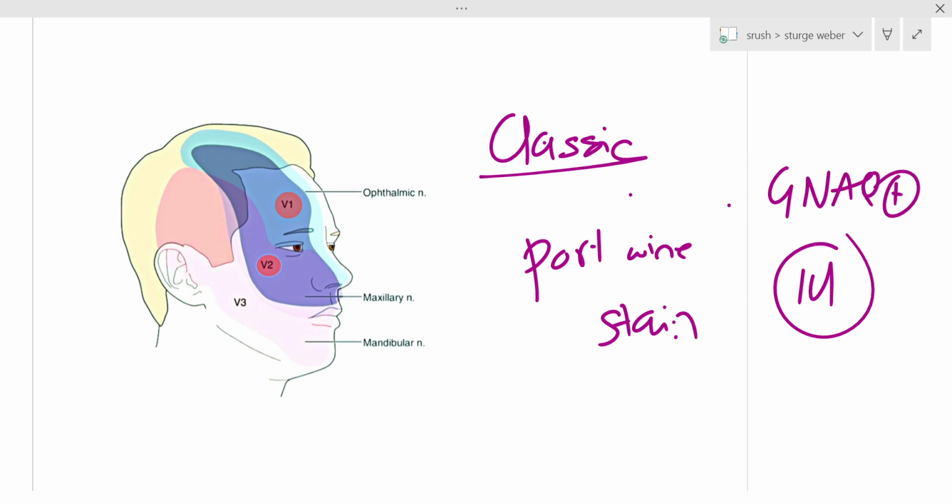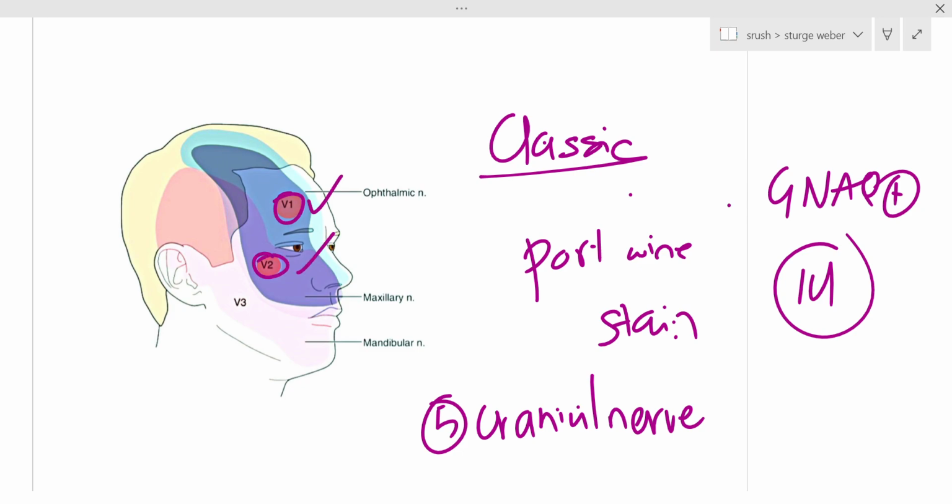Around this time, the fifth cranial nerve is one of the first cranial nerves to develop, and specifically branches 1 and 2. You can visualize these two branches dragging those angiomas with them as they develop.